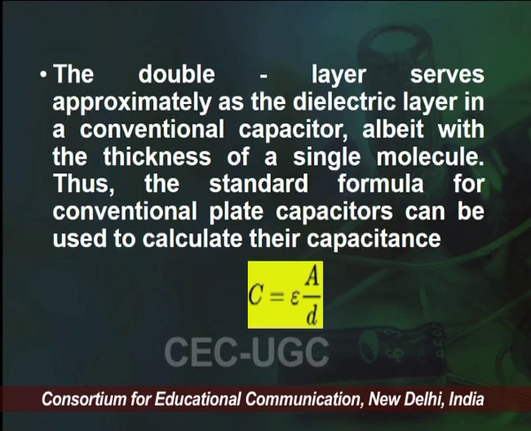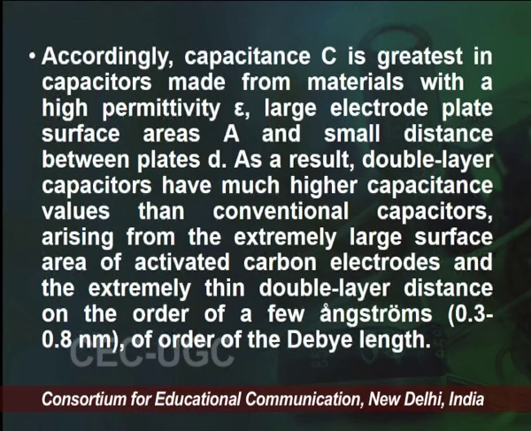So as a result, the double layer capacitor has a much higher capacitance value than conventional capacitors, arising from the extremely large surface area of the activated carbon electrodes and the extremely thin double layer distance, on the order of a few angstrom, in the order of the Debye length that we will define.